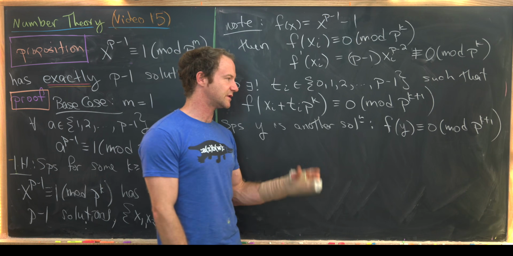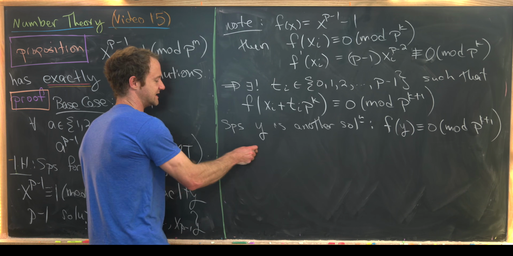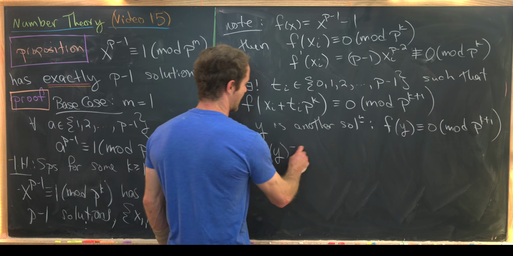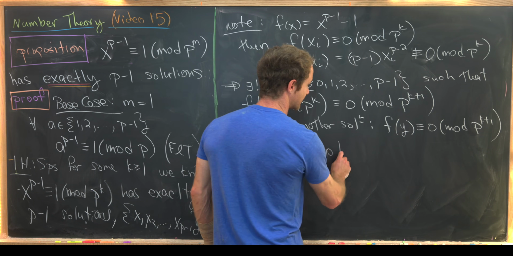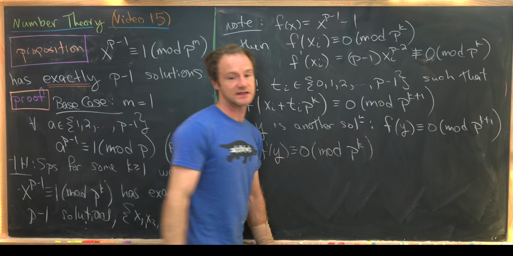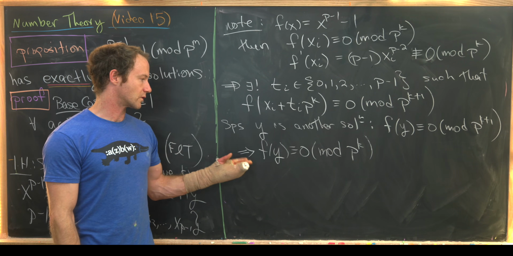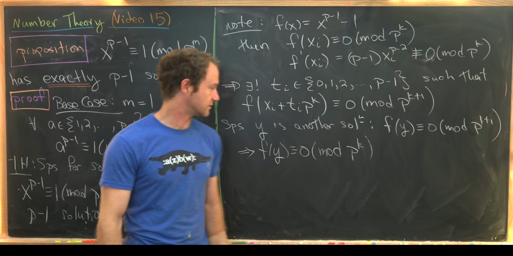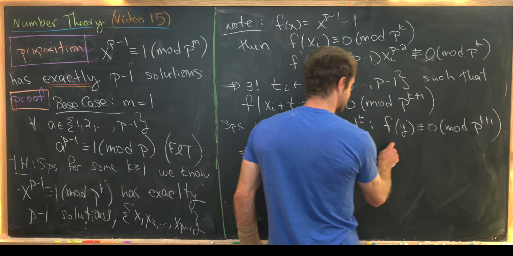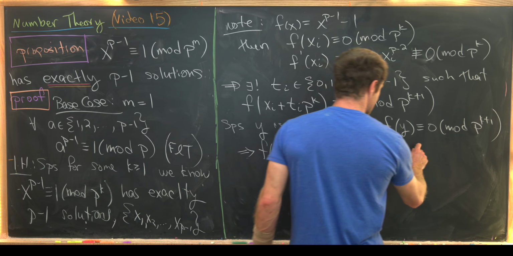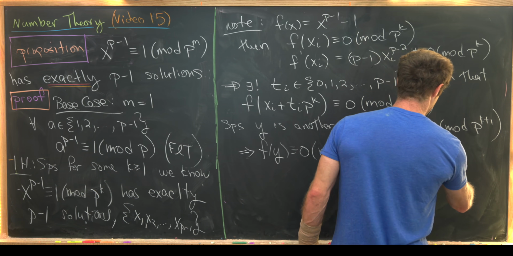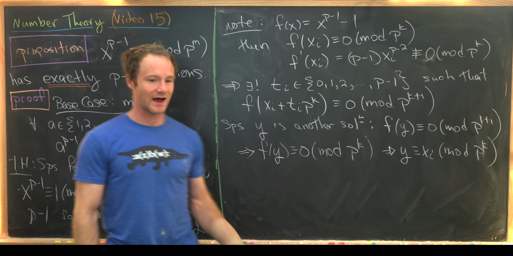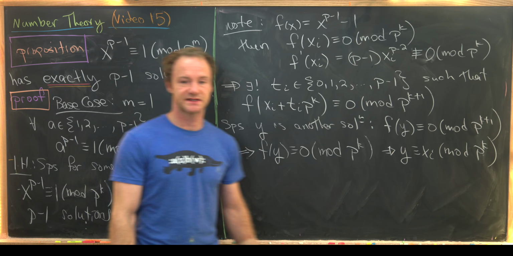But if it's a multiple of p to the k plus 1, that means it's a multiple of p to the k. So we know f of y is also congruent to 0 mod p to the k. But recall, we have all of our solutions to that congruence. And so that tells us that our y is congruent to xi mod p to the k for some i that brings it from this set.